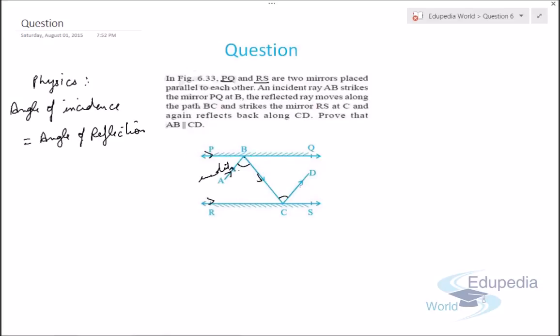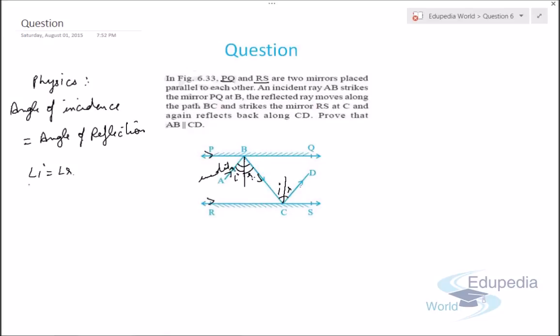If we draw a perpendicular over here and a perpendicular over here, the angle of incidence is the angle made by the incident ray with the normal, and the angle of reflection is the angle made by the reflected ray with the normal. So this angle equals this angle, meaning angle I equals angle R. The same applies here: this is the angle of incidence and this is the angle of reflection, so these two angles are equal.